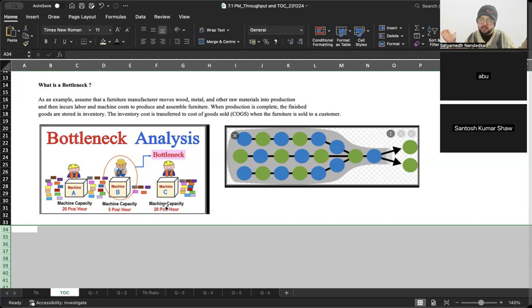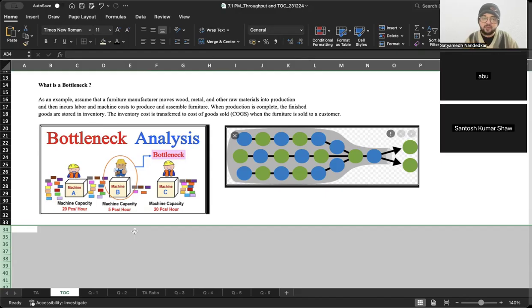So the entire activity slows down. A is capable of making 20, C is capable of handling 20, B can handle only 5. So the whole process slows down. This slowing down happens in machinery B. So machinery B is a constraint.